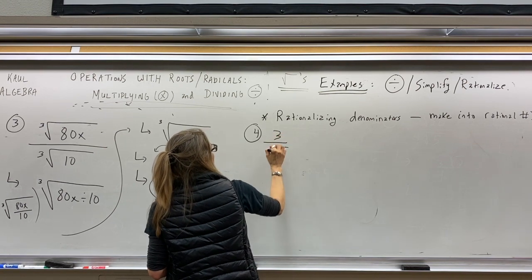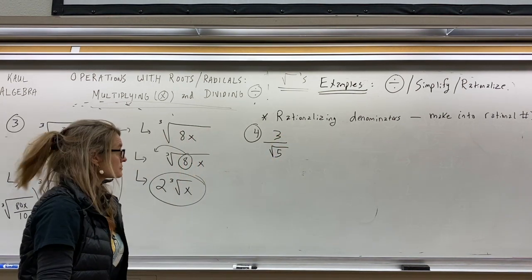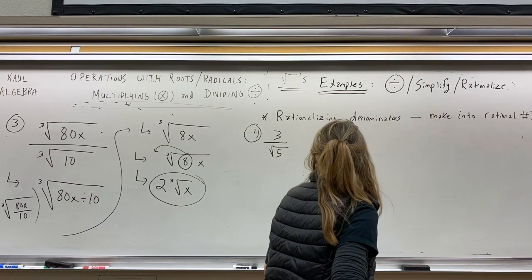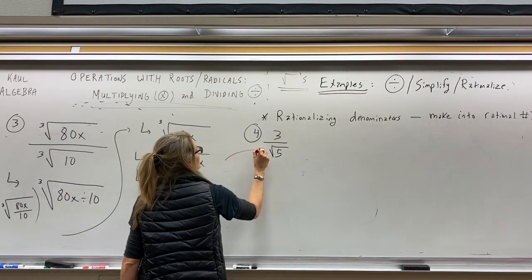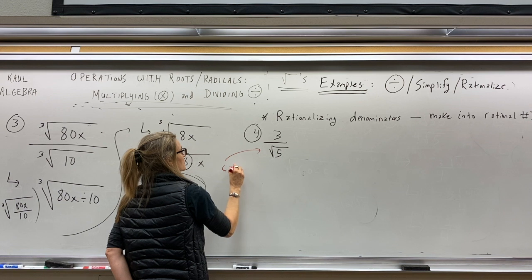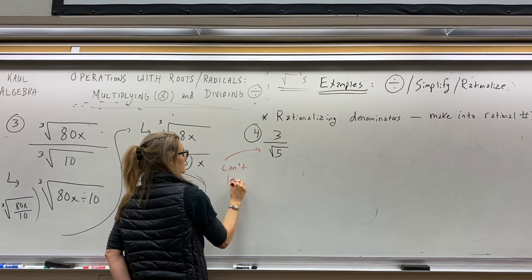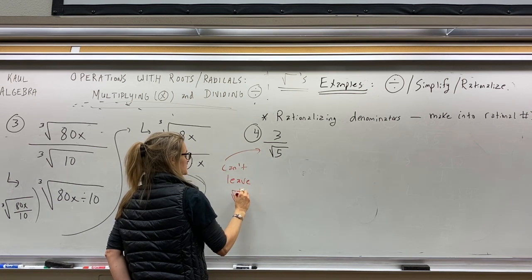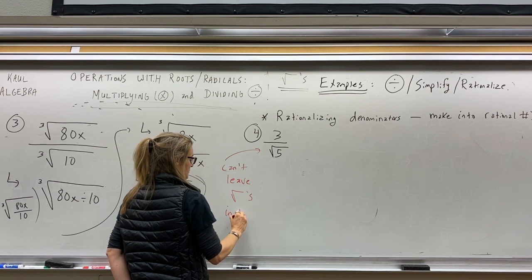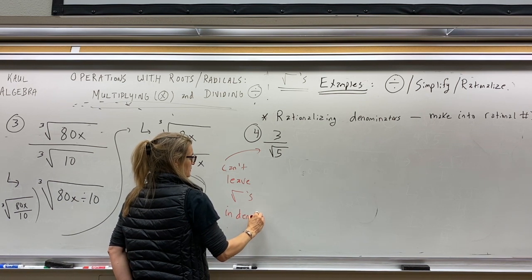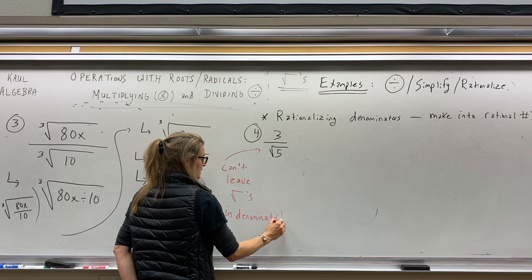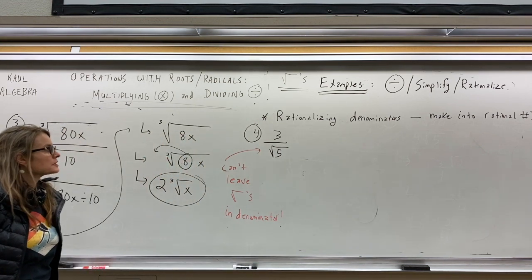And it looks like there's nothing to do with this problem, but the main thing is you can't have roots in the denominator. That's just part of a convention we do in algebra.